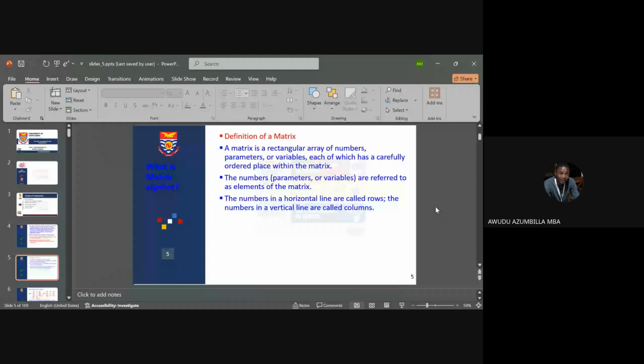Okay. Then the numbers, the parameters, the variables, these are called elements of the matrices. So the elements of the matrices are the numbers, the parameters that we are talking about. Now, the numbers in horizontal lines are called rows.